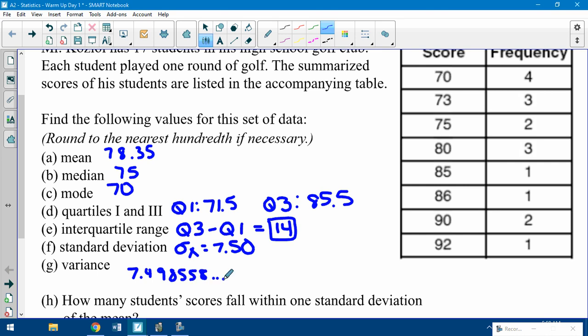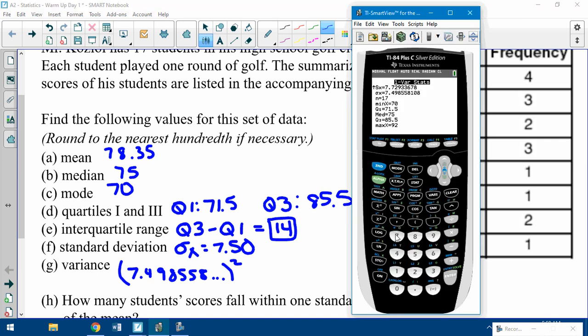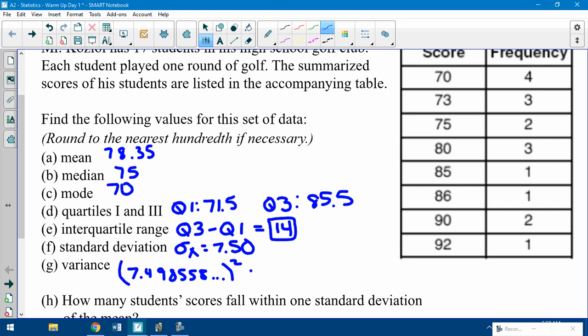That's all I got, but take all of it and square it. So 7.498558 squared, to the nearest hundredth, it'll still be accurate, is 56.22. Okay, so just remember variance is standard deviation squared.